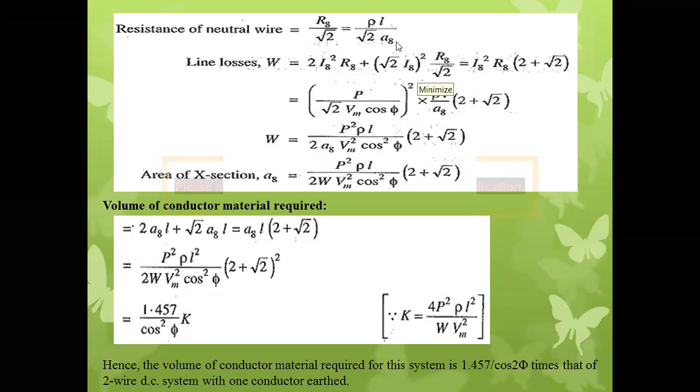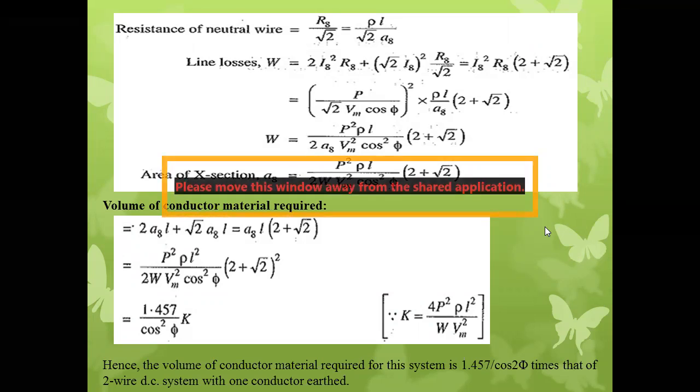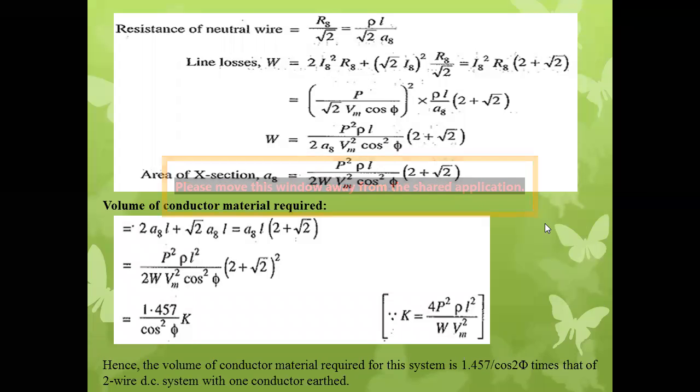4.4142. This one is the final answer? Yes, tell me.